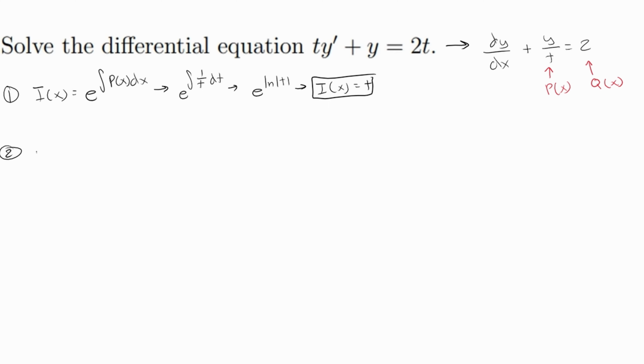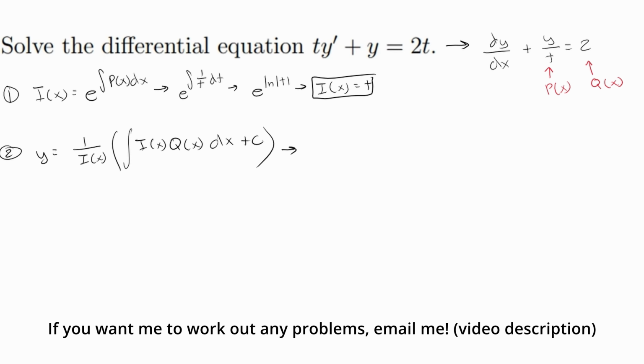And the integrating formula is given to us as y is equal to 1 over our integrating factor, which is I of x, and then in parentheses we have the integral of our integrating factor times our q(x) times dx plus c. So we can worry about our I(x) later. Let's look inside of here at this part specifically.